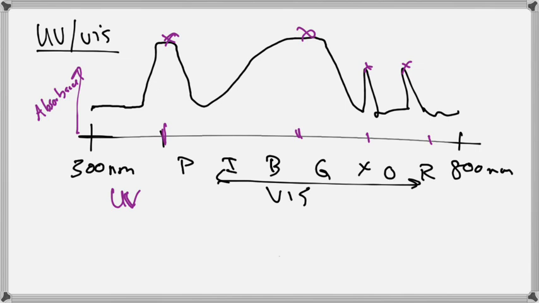Kind of, sort of? So for this to work, our sample has to absorb a particular energy of light. That particular energy of light has to match the orbital jumps available to our electrons.